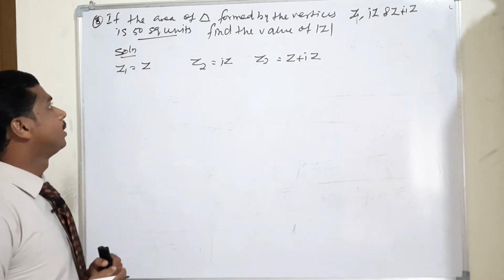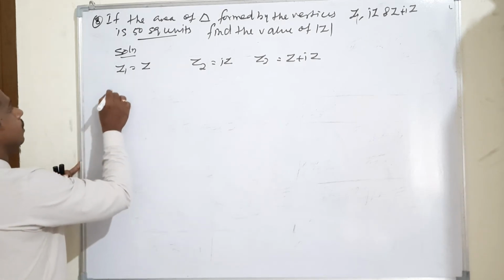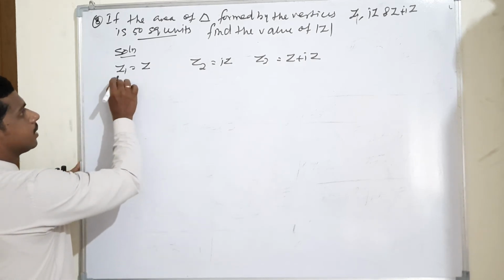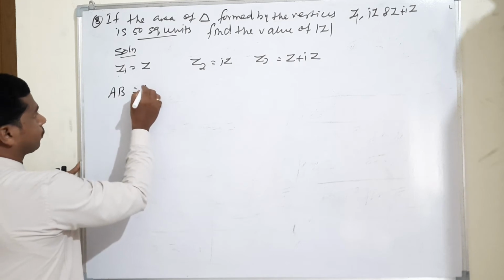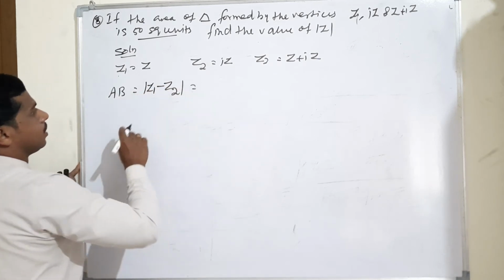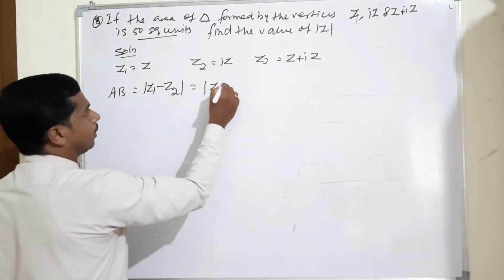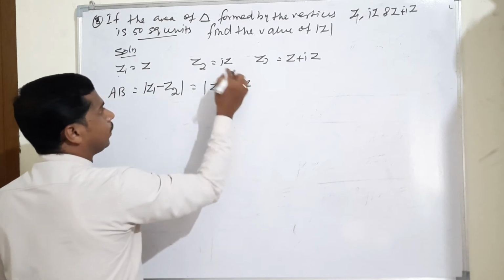First we have to check AB, BC, CA, what values we find. So let us consider AB means Z1 minus Z2. So modulus of Z1 minus Z2, where Z1 is equal to Z, then minus Z2, the value iZ is there.